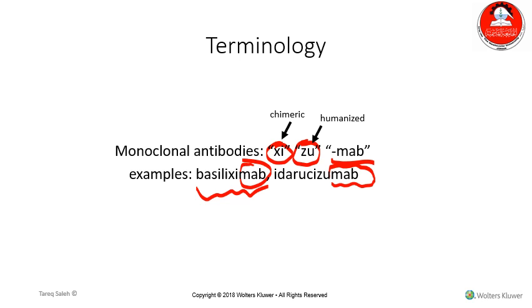So, for example, idarucizumab is a monoclonal antibody because it has mAb at the end, and because it has ZU as well, it is considered a humanized monoclonal antibody. On the other hand, basiliximab is a monoclonal antibody, but it's chimeric, meaning it's a mouse human antibody.